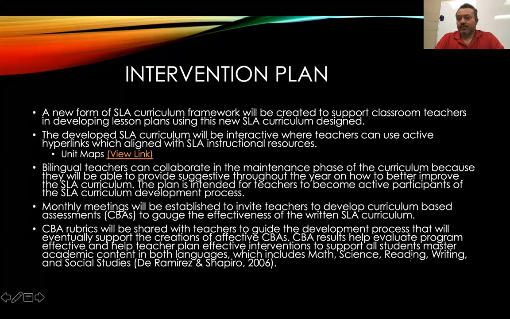So in this aspect of this plan, this is done collaboratively. Every summer, we invite bilingual teachers together and all the other core content area teachers to improve the document and enhance it for the upcoming year. So bilingual teachers collaborate and maintain all of these curriculum documents.